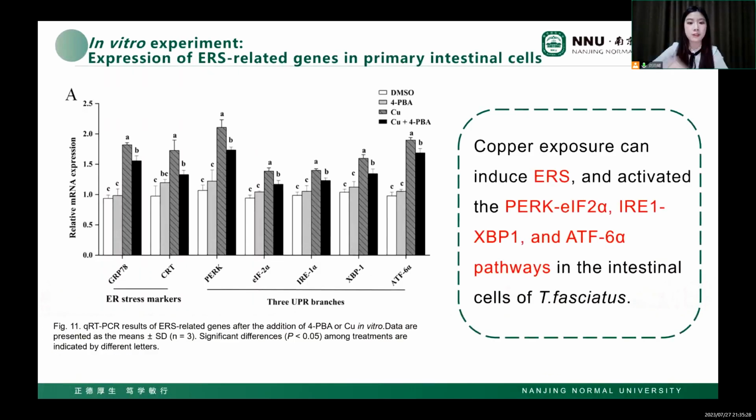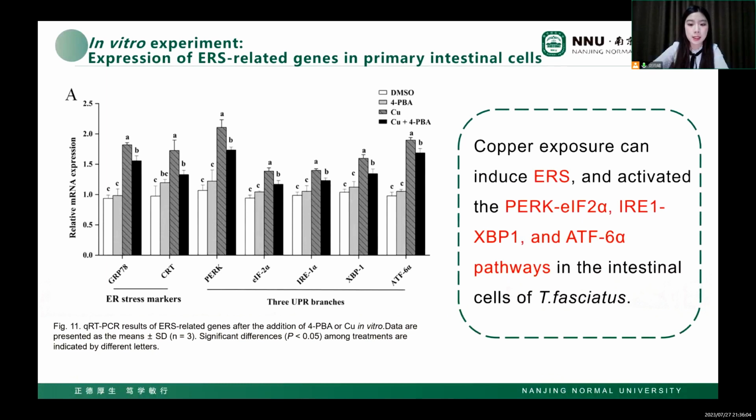And figure 11 shows the qRT-PCR results of ERS-related genes after addition of 4-PBA. The expression of ERS-related genes, including GRP78, CRT, ATF6 alpha, PERK, EIF2 alpha, IRE1 alpha, and XBP1 was significantly upregulated upon copper exposure compared to the control group.